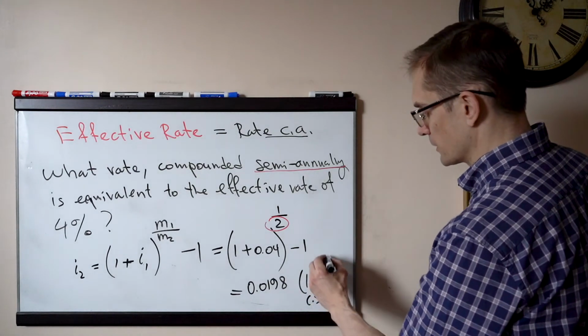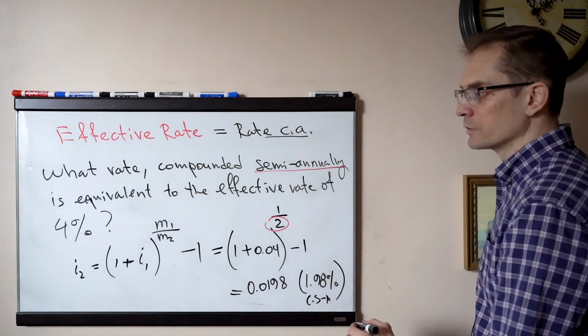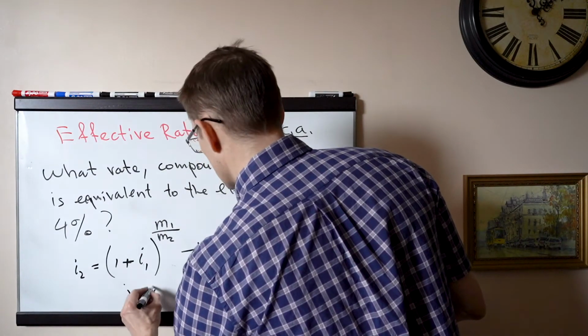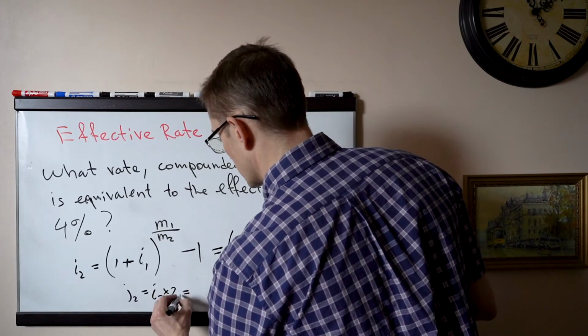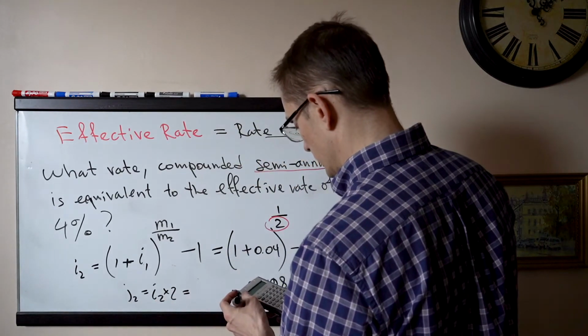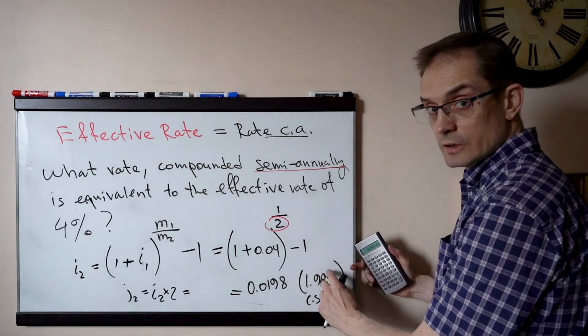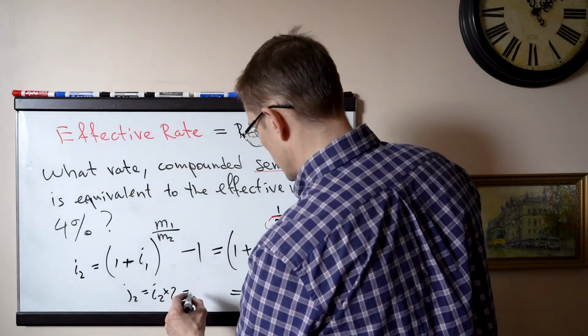That's a periodic rate, by the way. So that's rate per period. Now we need to find still J2, right? So J2 will be this I2 times 2. Now in my calculator I kept actually the unrounded value of this.